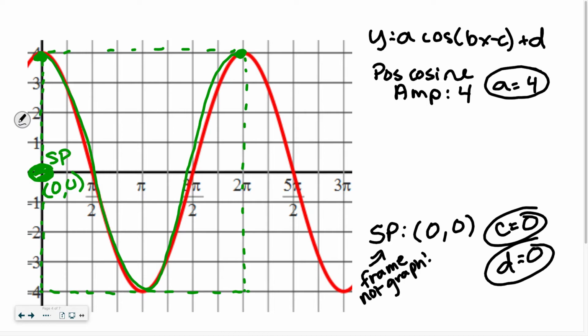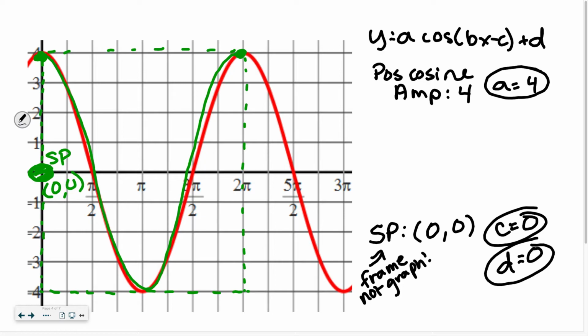Normally, I would say don't solve for c unless you've found b. But in the case that you haven't moved left or right, if your starting point is at the y-axis, then you know c is 0. We've got to do b in between here so that we can write the equation. And in order to find b, I think Logan told us we would need to know our period. So what's our period for this graph? 2 pi.